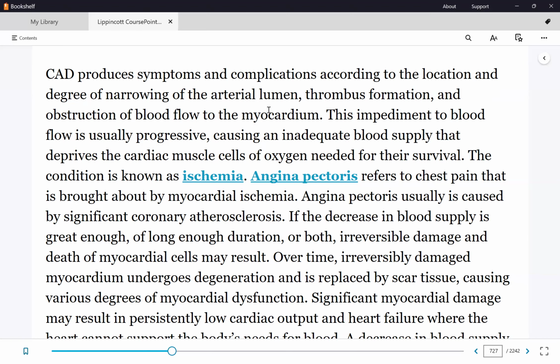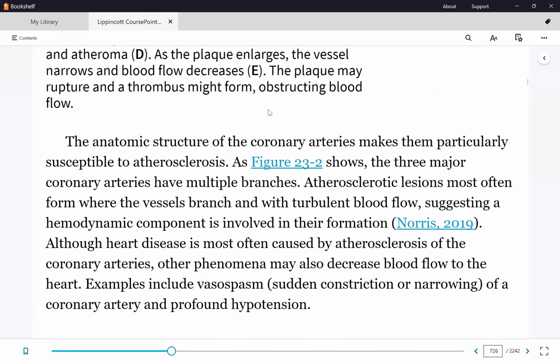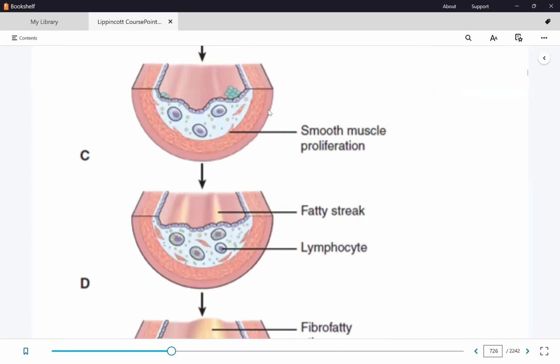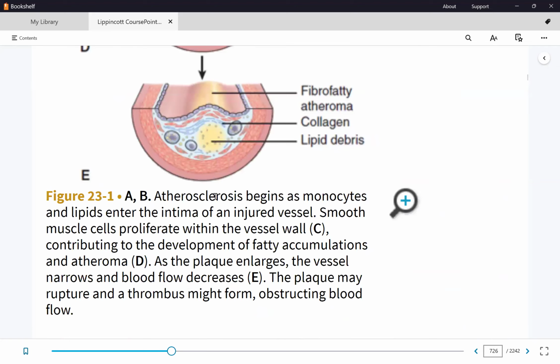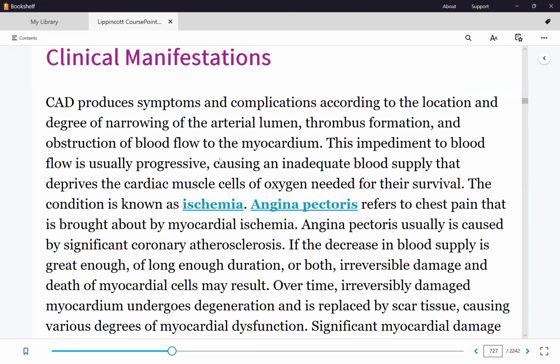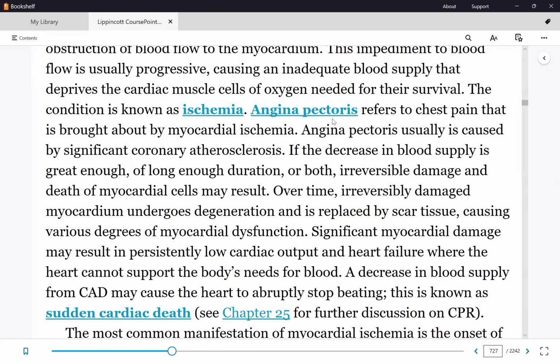So therefore, there's an imbalance between oxygen supply and demand because the arteries are narrowed. So as the arteries narrow and you have an increased oxygen demand, do you have enough blood flow to supply the increased oxygen consumption? No. So therefore, ischemia results and it's manifested by chest pain. Okay. So again, in angina pectoris, there is a precipitating event.